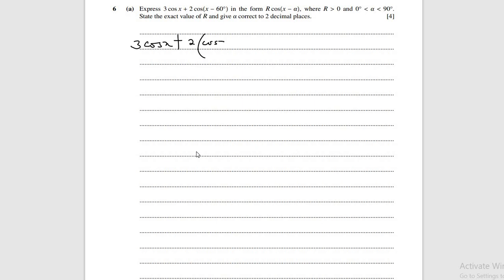It means cos x cos 60 plus, check your trig compound angle, double angle formula, you know what I'm doing, plus sin x sin 60. So this is 3 cos x plus, open the bracket by 2, 2 cos x cos 60 is half, plus 2 sin x sin 60 is root 3 over 2.